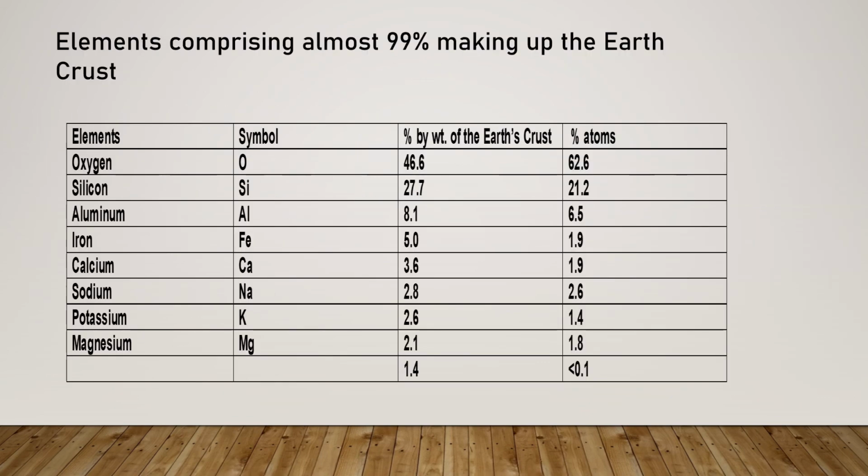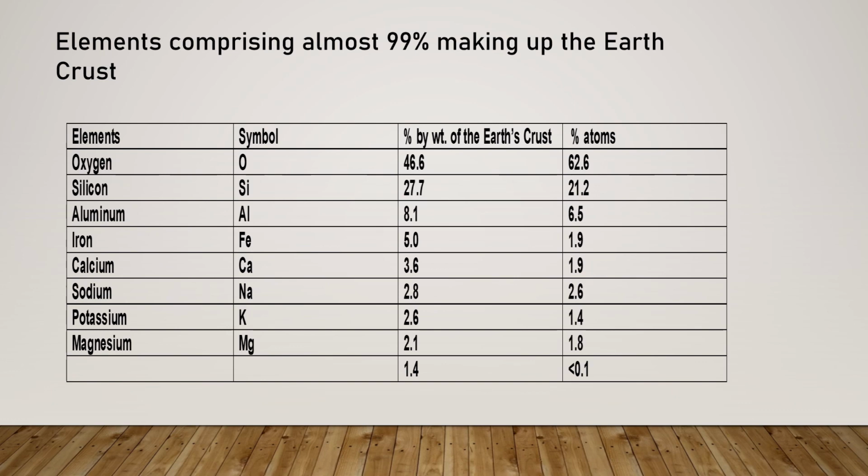We have here a list of elements that comprise almost 99% of the Earth's crust. Those elements are oxygen, silicon, aluminum, iron, calcium, sodium, potassium, and magnesium.